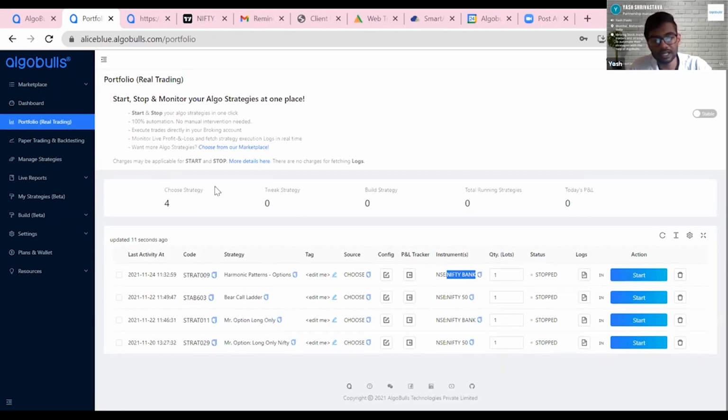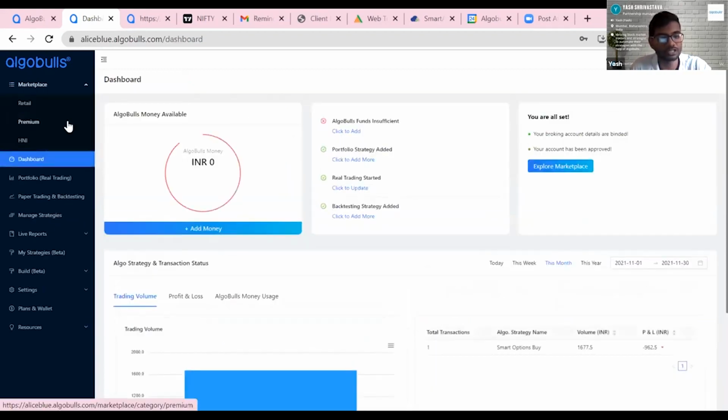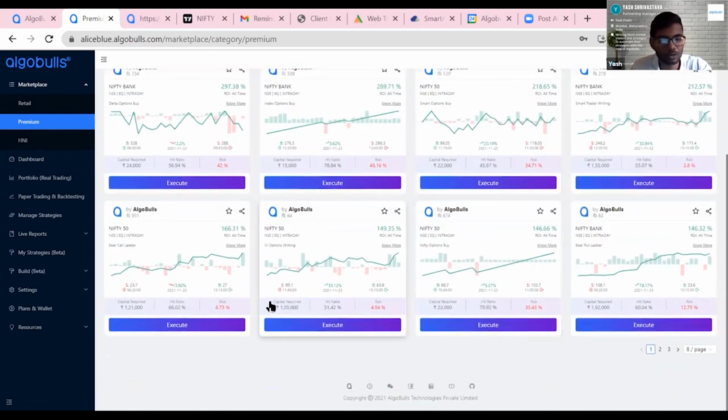A drawdown of 35% completely depends on you. I could show you a few strategies on our marketplace which have a lower drawdown too. You can go to a strategy and see which one you want to go with. Suppose you don't want to face a drawdown of around 37%, you can go for this strategy which has a risk of just 8%, which means the maximum drawdown it had was around 8%.